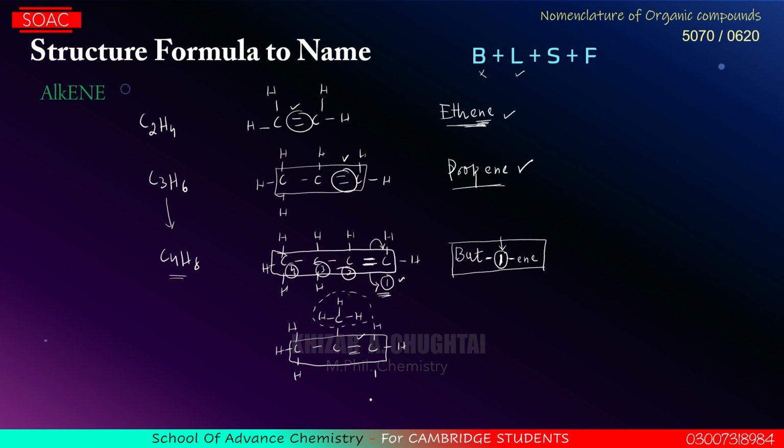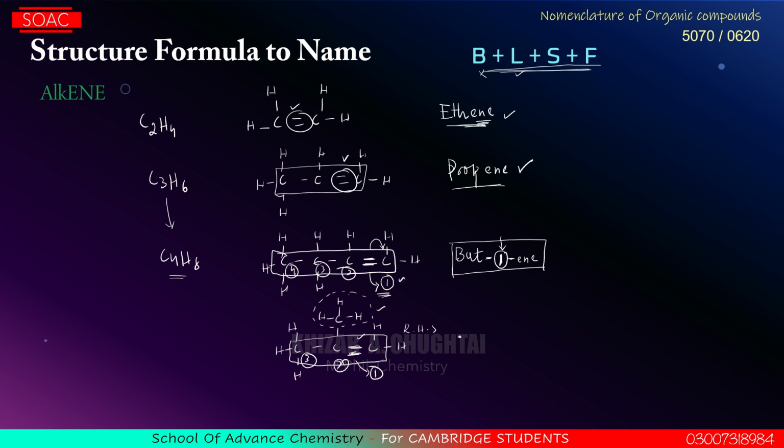Obviously this carbon will be carbon number 1 because this double bond will be preferred as far as the numbering is concerned, and this double bond is closer to this right hand side. So this is carbon number 1, this is carbon number 2, and this is carbon number 3. Now it's time to write the name according to these 4 portions of the name. First of all, the branch.